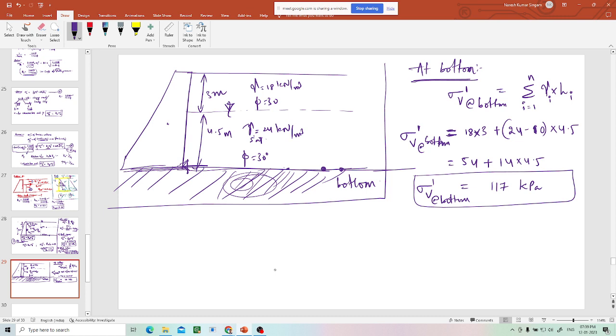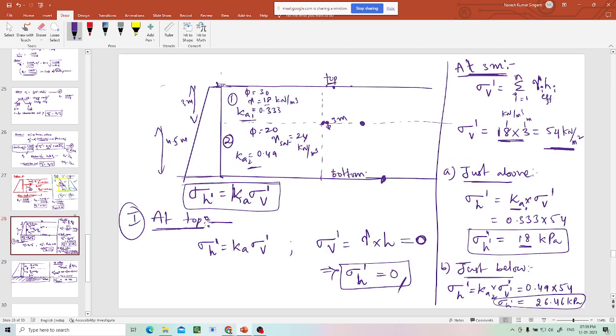So every time, what is the procedure? At any step, you first calculate sigma V, then multiply by Ka of that layer. That's it. Now some people may say Ka1 into sigma V1, then plus Ka2 into sigma V due to this layer. That is wrong.